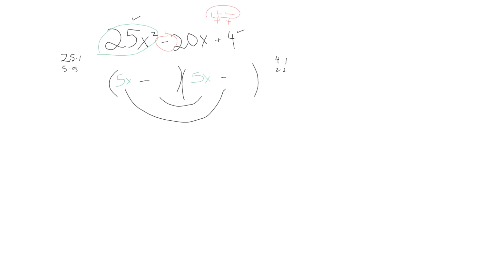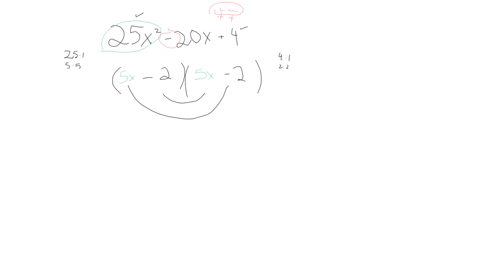So my first term and last term will be all good. Negative 2 times 5x is negative 10x. And negative 2 times 5x is negative 10x still. Those two together, negative 20x. And that's what I have. So this is my answer.